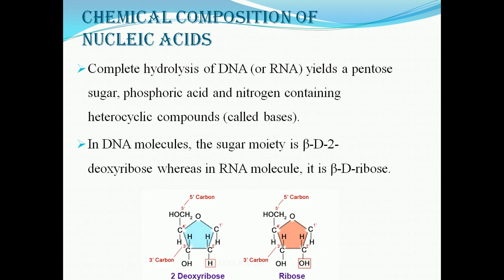Now, what is the chemical composition of nucleic acids? On complete hydrolysis, DNA and RNA yield a pentose sugar, phosphoric acid, and nitrogenous heterocyclic compounds, which are known as bases. In DNA, the sugar moiety is beta D-2-deoxyribose, whereas in RNA, it is beta D-ribose.